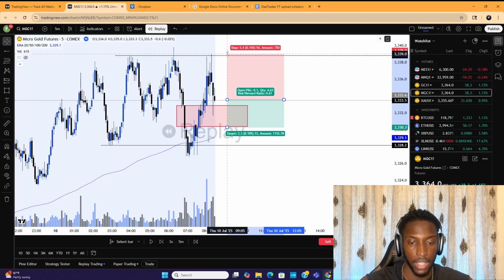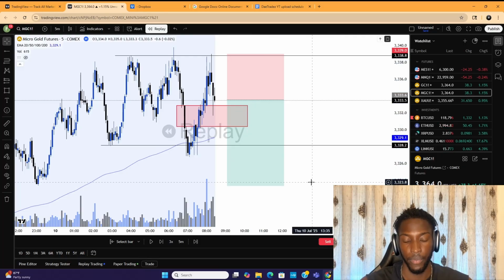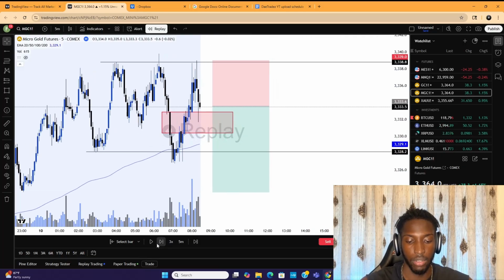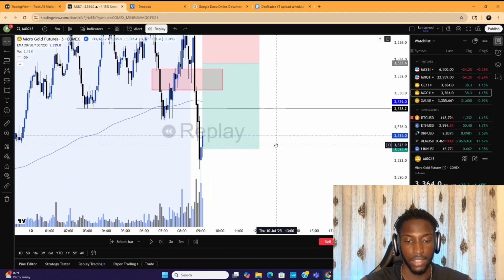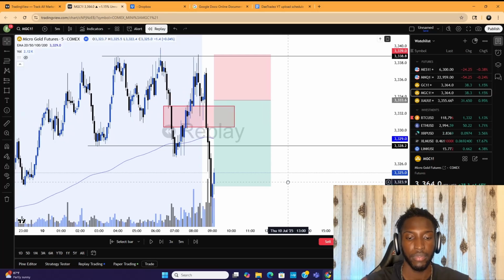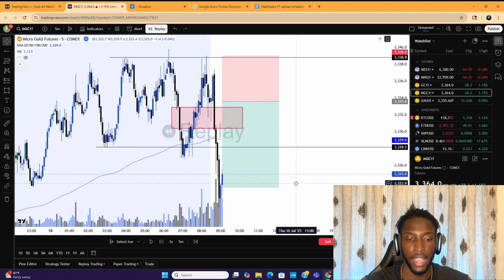You can do stops above the highs if you want, targeting these lows and these lows. If we play it out, TP got smashed. This is exactly how you use manipulation to your advantage.